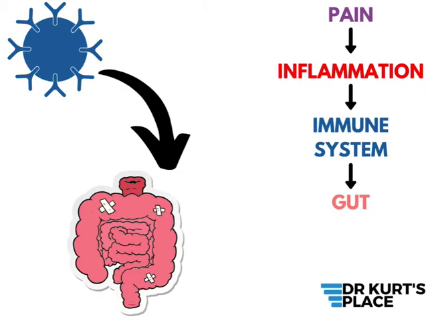Now, when the gut clamps down, it's shifting you towards an immune expression away from digestion, but in the short term, it'll prevent you from, say, throwing up or getting sick from whatever thing you ingested or inhaled. In the short term, this is phenomenal. The problem is that we abuse the crap out of our gut.